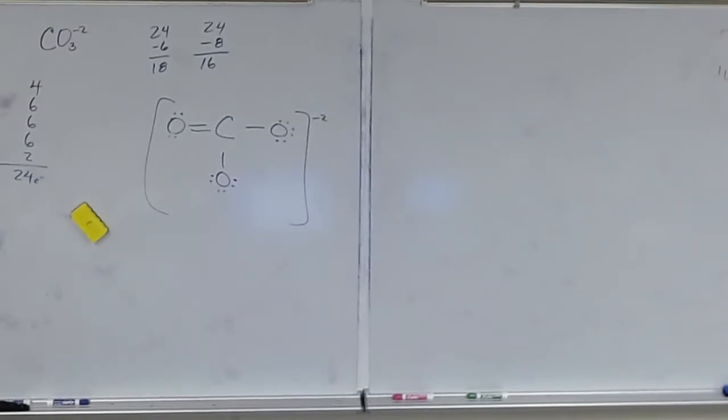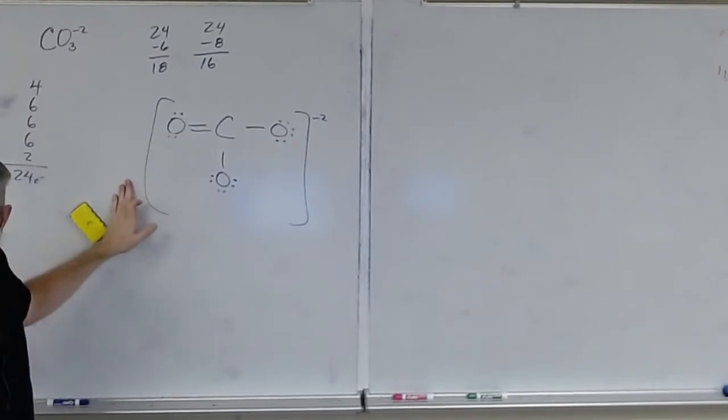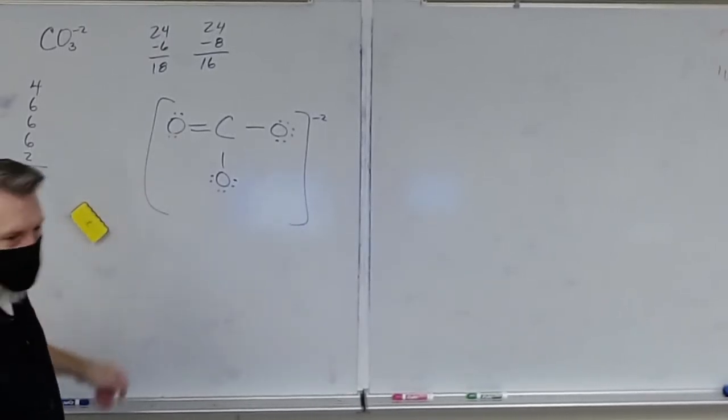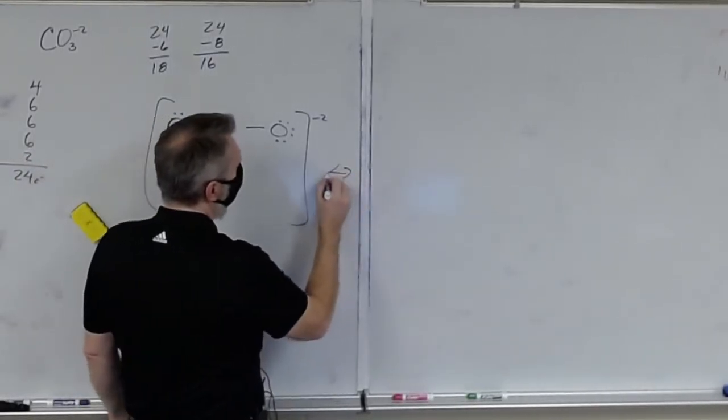Now, if I was drawing this, if I told you to draw the structure of carbonate, would I be finished? No, I'd have to do what? We got to do resonance structure.